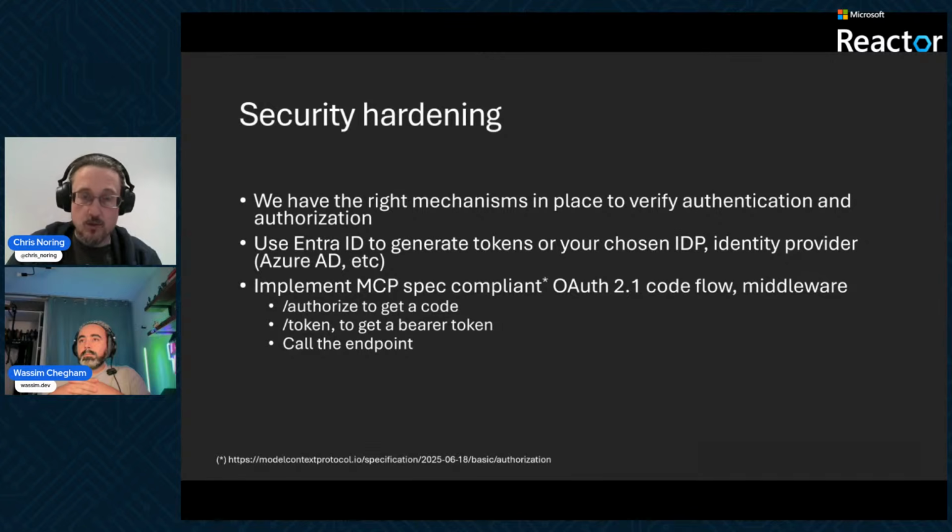Once you get that bearer token, that's what you're going to use to call this MCP server, and then it should hopefully say, happy days, here are your tools, or here is the end result of calling a tool. So now you know that we have some nice mechanisms in place. You can definitely harden the solution, and you can also check out the built-in support in the MCP SDK that helps you some of the way with this.